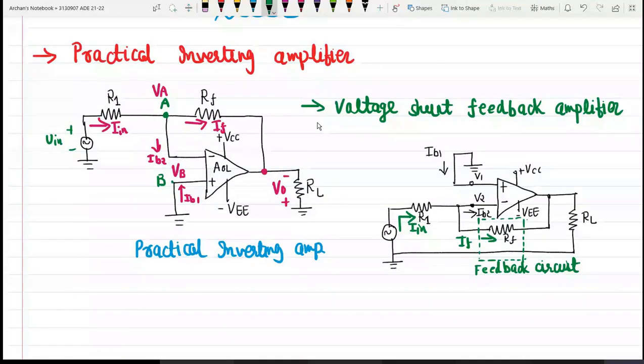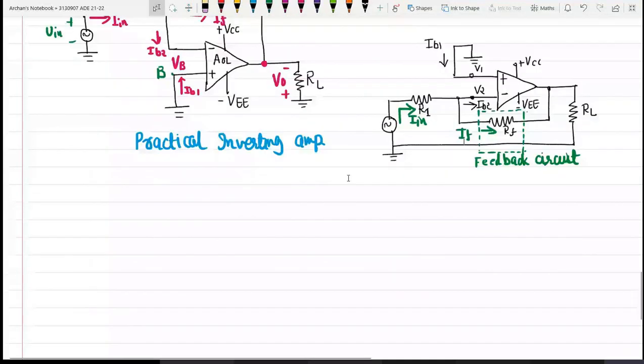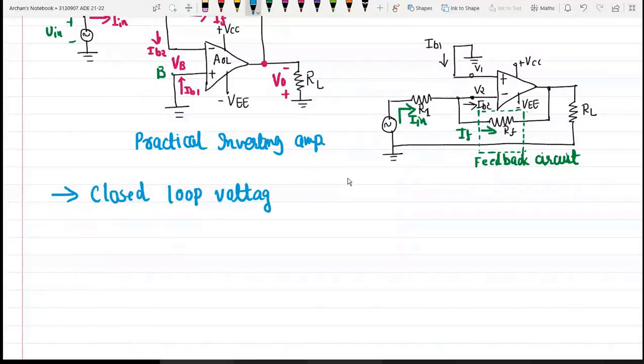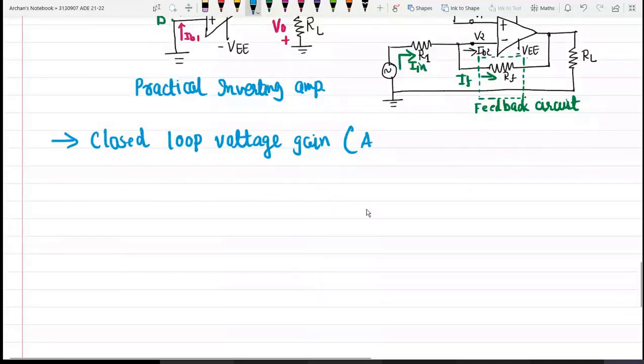Let us start with finding out the closed loop voltage gain first, denoted as A suffix CL. It is the ratio of output voltage to input voltage with feedback.